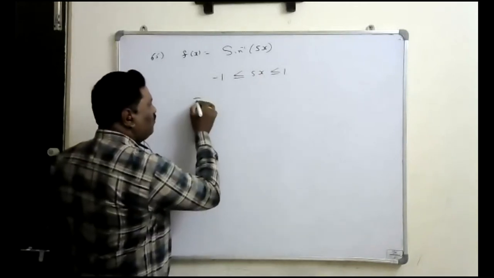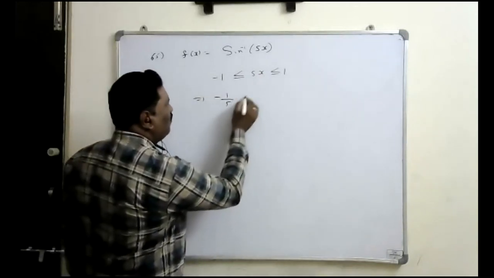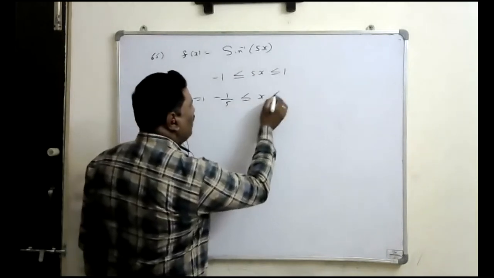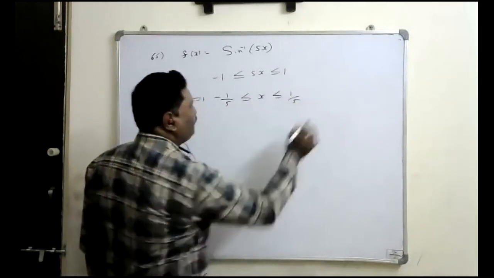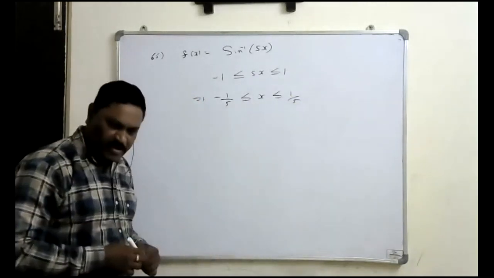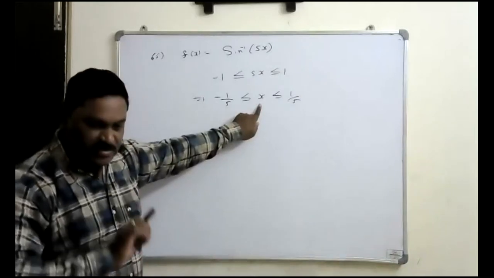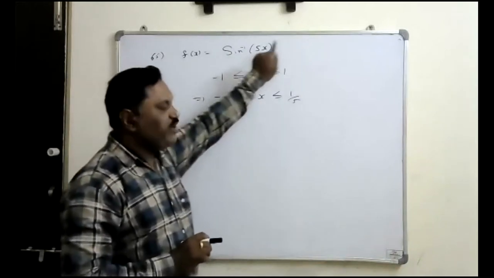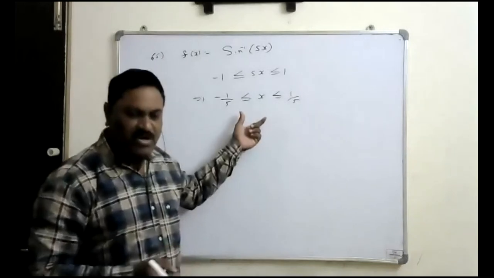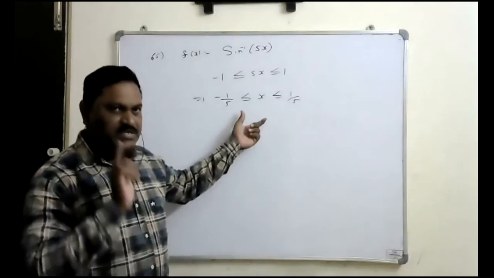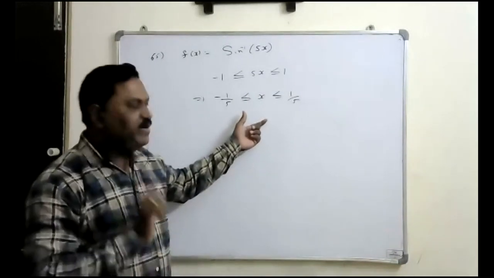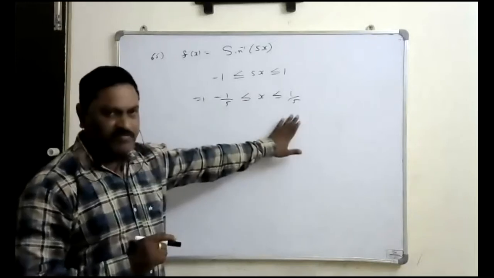So divided by 5, it is -1 by 5 less than or equal to x less than or equal to 1 by 5. Therefore, these are the values of x we have to consider. Then only this function is going to be defined. So we will call it the domain, means x is going to lie in between -1 by 5 to 1 by 5.